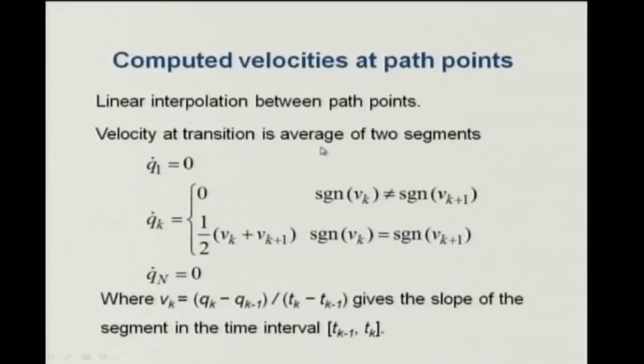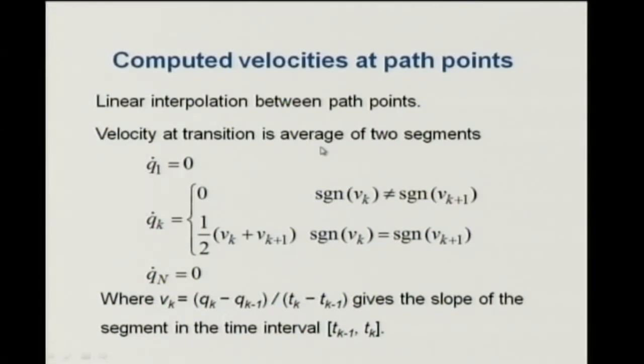To work around this, one of the commonly used systems is that instead of asking the user to specify all the velocities, which is painful, you let the system calculate them. I know I want to go here, and I know the overall time.